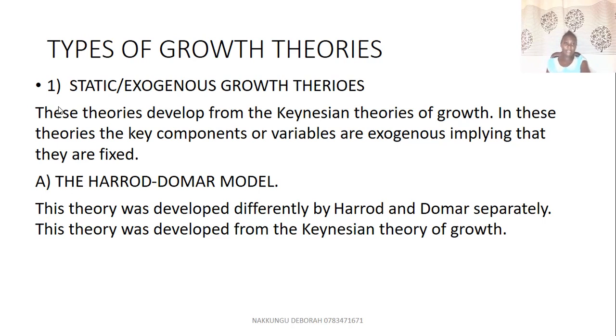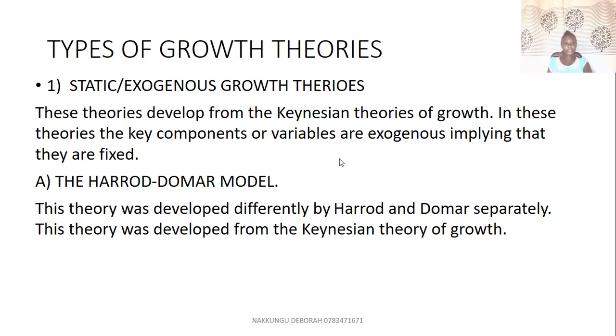Under these static theories, as we shall see later on, the key component is that we exogenize, so the key variables or components that explain the theory are fixed or are constant. You have no control over them, they are fixed.